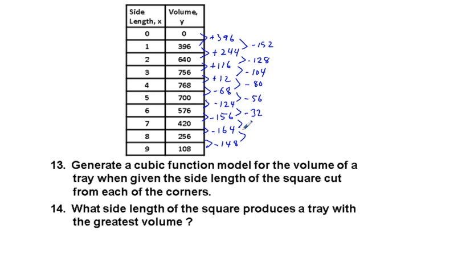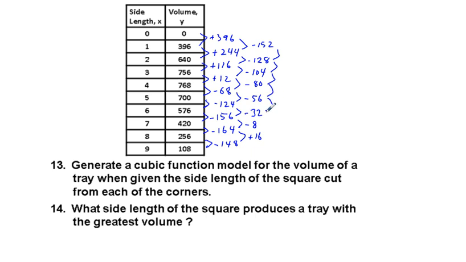Then we get negative 164 minus negative 156. So that's the same as negative 164 plus 156. That's going to be negative 8. And then we have negative 148 minus negative 164. That's the same as negative 148 plus 164. It's going to be plus 16.